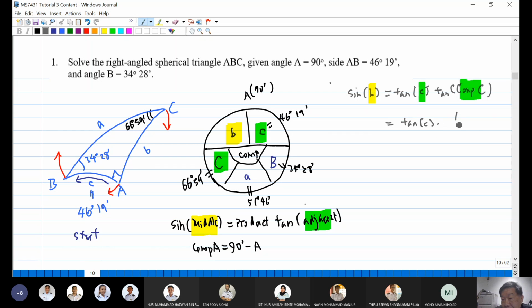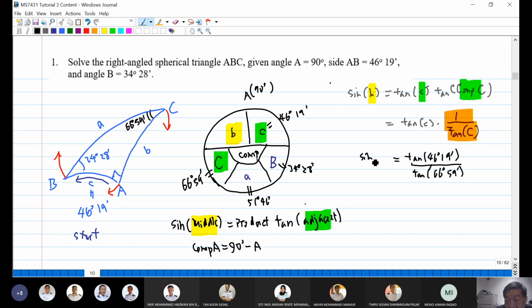Tangent co-C is 1 over tangent angle C now. Okay, this is the formula I mentioned just now. You can convert this one so that this becomes tangent 46 degrees 90 minutes. The angle C is 66 degrees 59 minutes here.